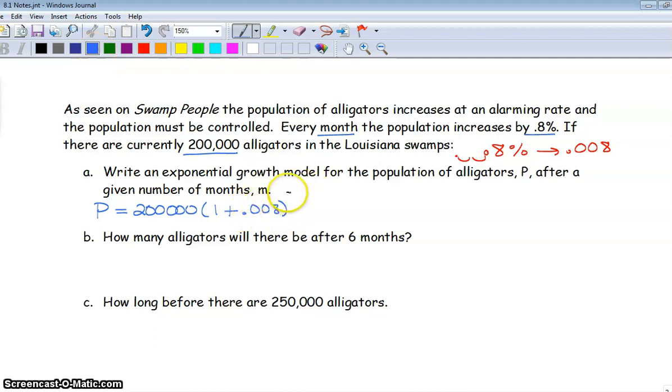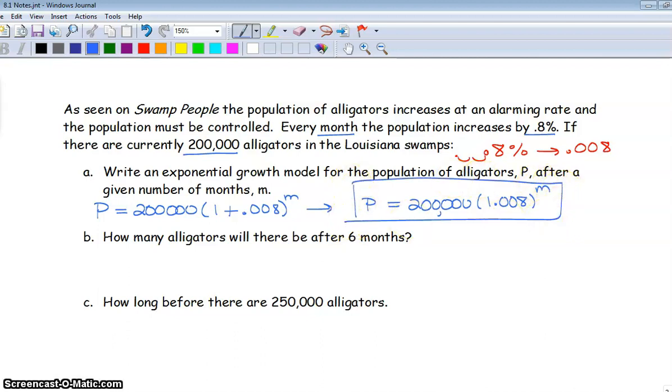And we raise that to not t because we want it in terms of m, months. So we combine those like terms in the middle, and we get P is equal to 200,000 times 1.008 raised to the m power. And that's going to be our exponential growth model for this situation.